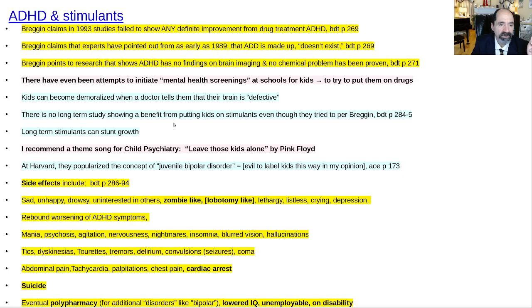There's no long-term study at all that I could find, or from all these books, that said that they're of benefit. They tried to prove there's a benefit. Believe me, the drug companies have made incredible efforts. The psychiatry departments have made incredible efforts to try to prove a benefit, but they can't, because the negative effects are probably much worse than what the studies controlled by them even reveal.